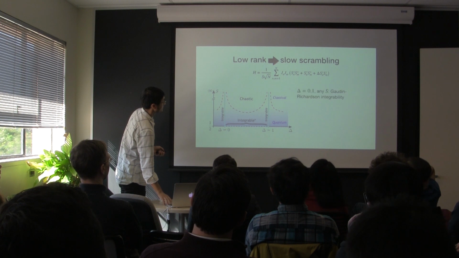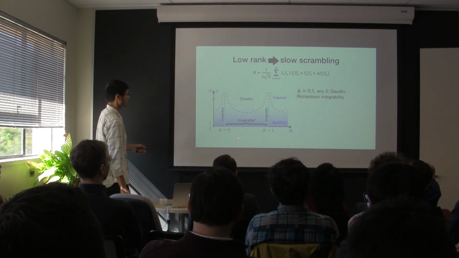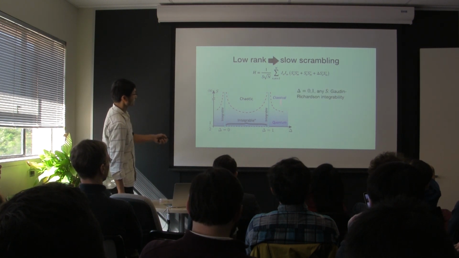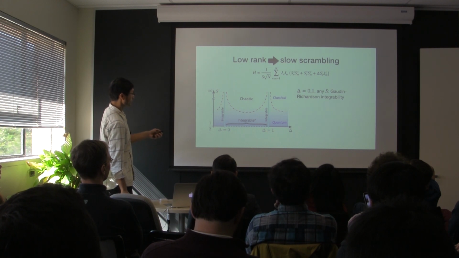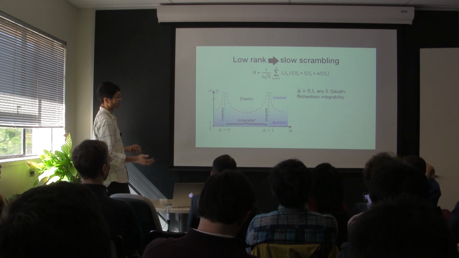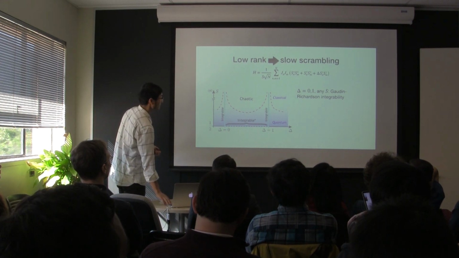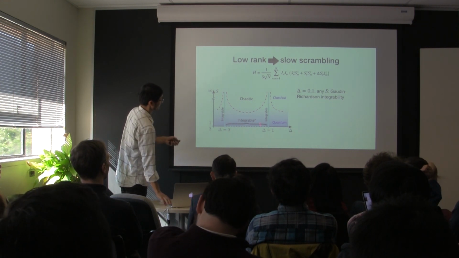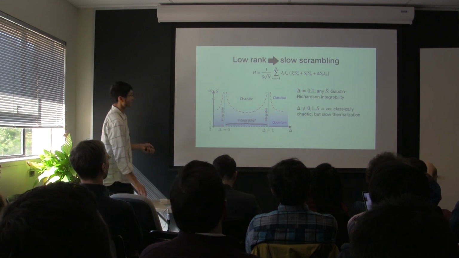Now, if you look at this diagram, we first find that in fact there are two integrable lines, which give you exactly Gaudin-Richardson type integrable models. So already here there's no chaos, there's no scrambling.